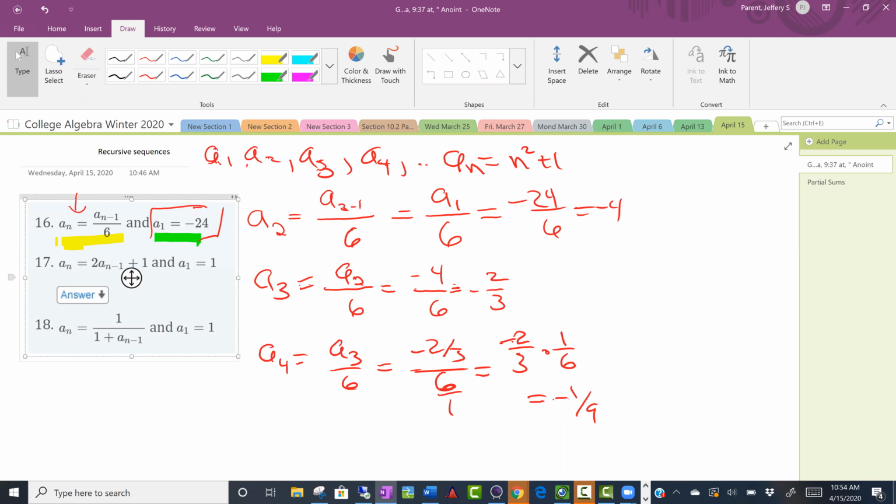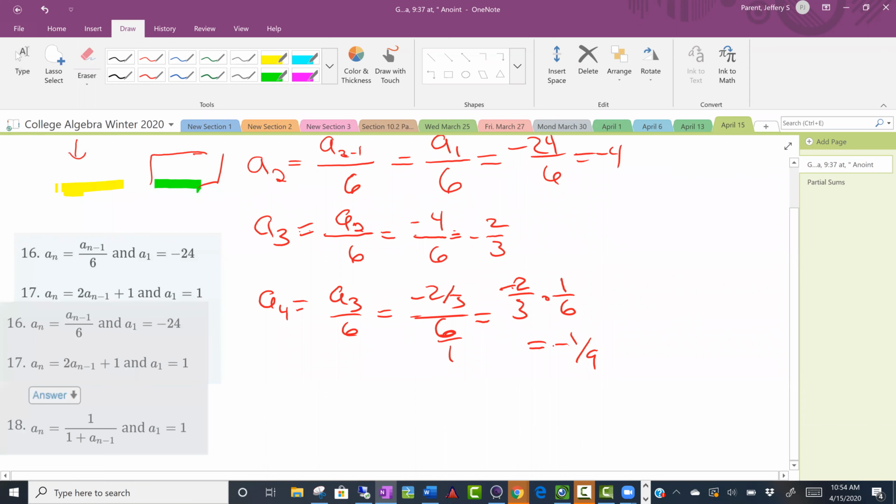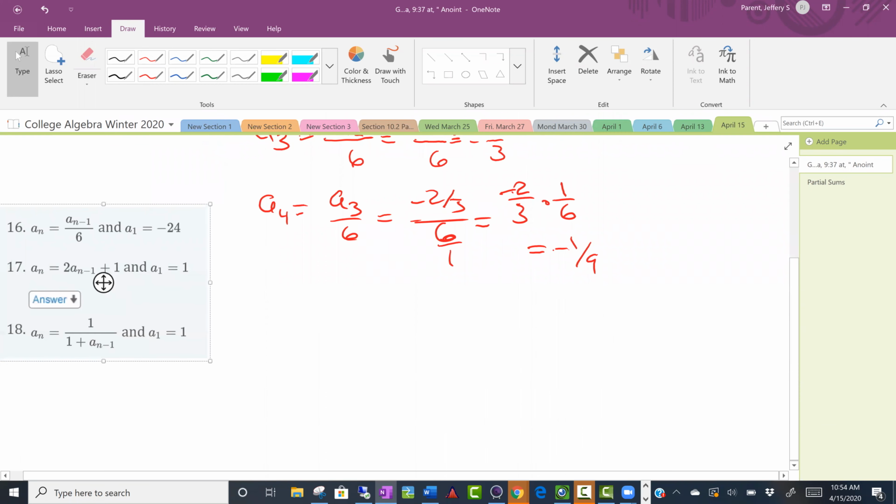So maybe I can just move this down a little bit. So problem 17, we've got a new formula right here. And it says, if I want to know any term in the sequence, I have to take the previous term and double it, and then add 1. So let me give myself a new palette here.